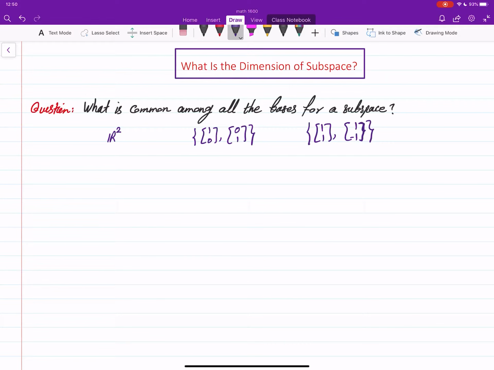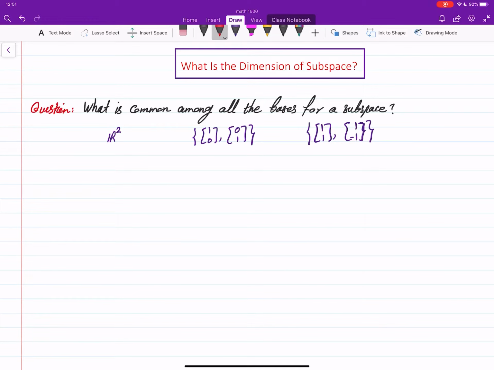And when you look at the vectors, these are just random. There's no relation between these two bases. What is common among these two bases and all the other bases for R2? There is nothing common but one and only one number.